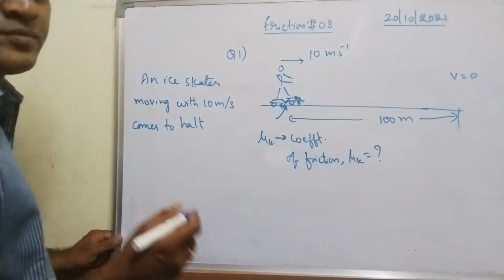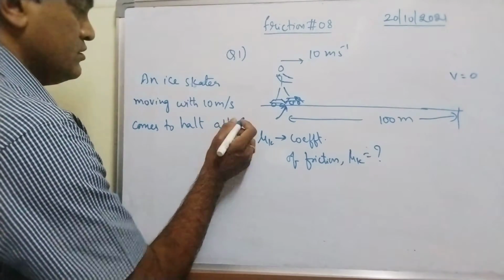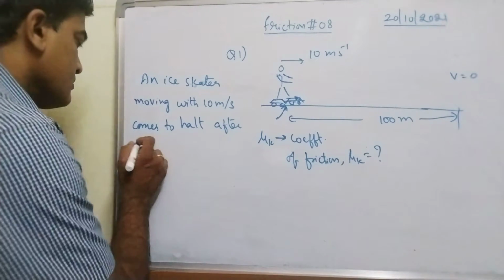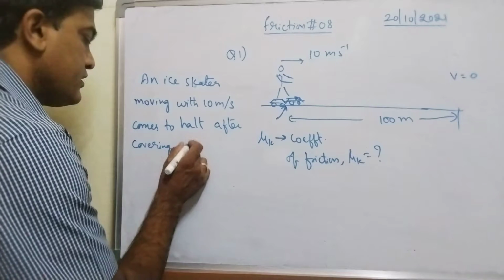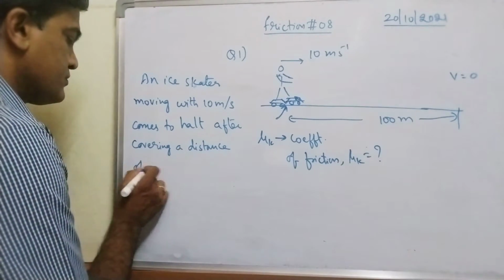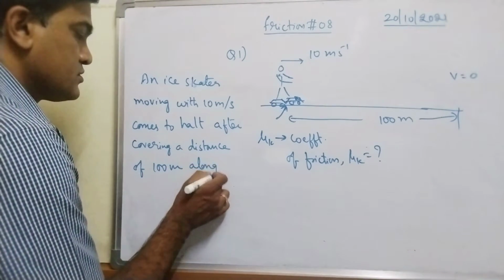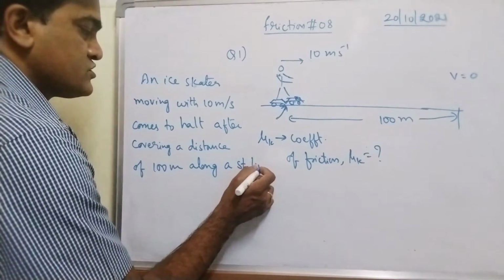Halt means what? Stop. He's stopping there after covering a distance of 100 meters along a straight line.